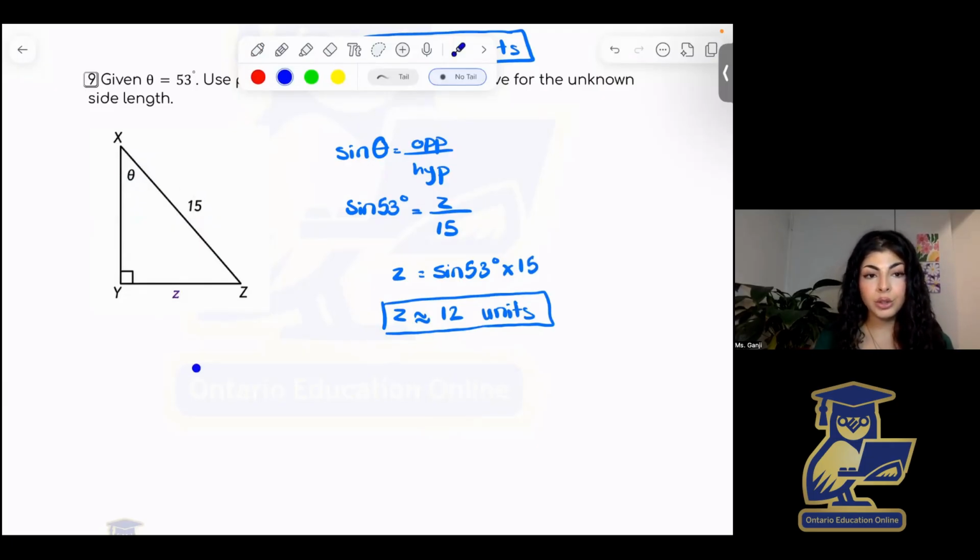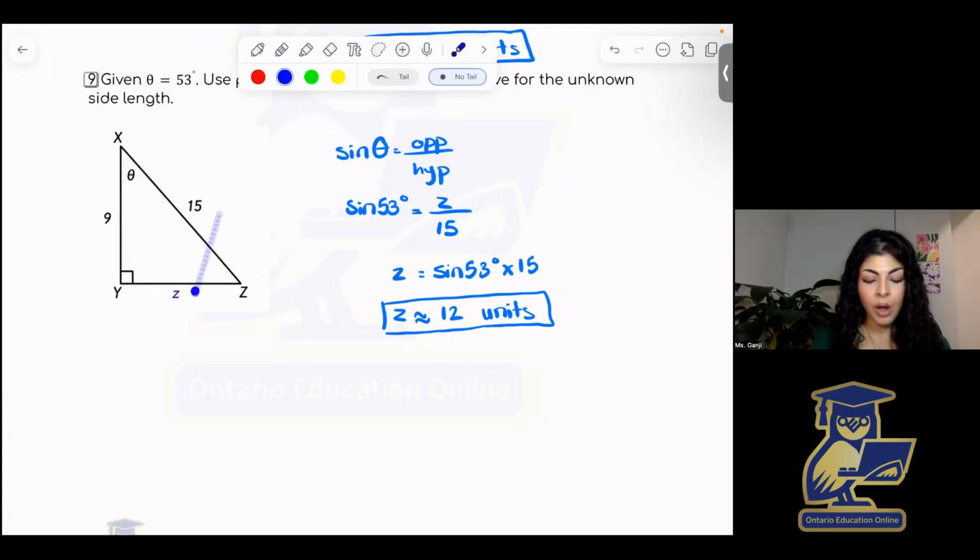Now, I can challenge you also to think, if you were only given one of the side lengths, how can you determine both of these two side lengths? And of course, we have two options here. You can definitely use trigonometric ratios. So I can use sine to find z, and then I can use cosine to solve for this side length here, and you should get 9 with respect to 15.